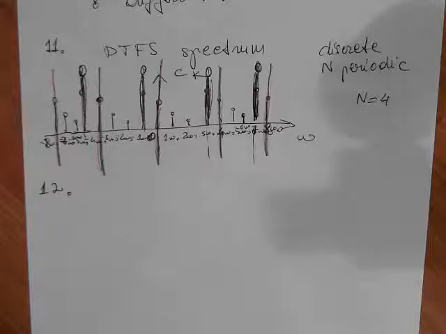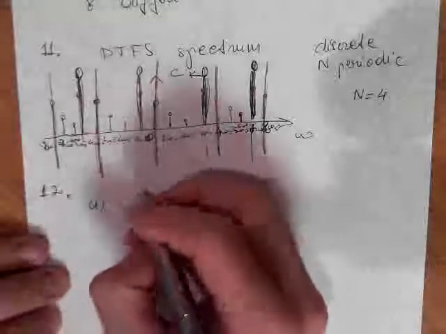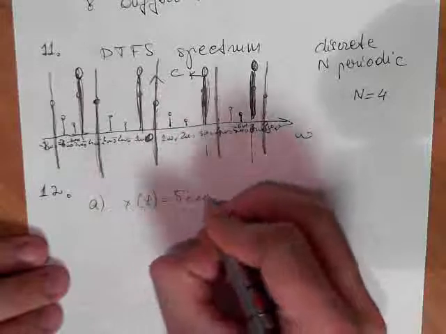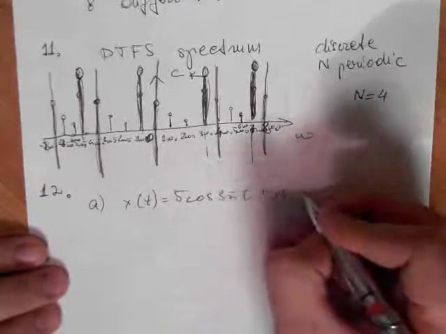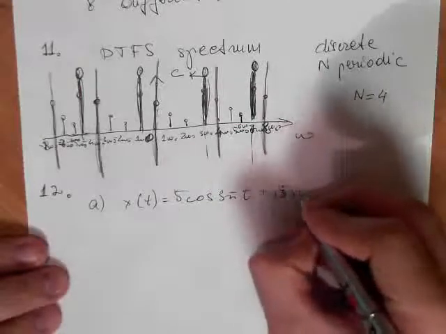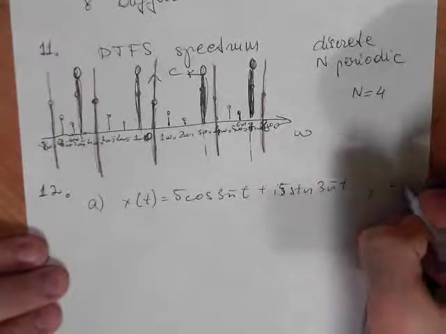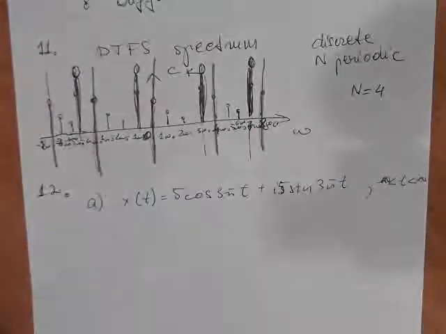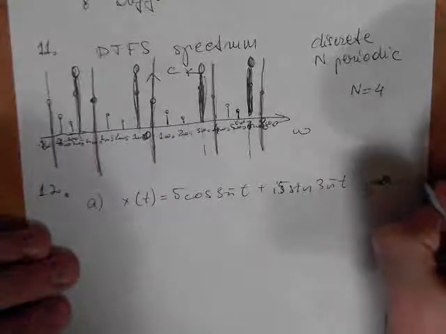Question 12: what series do I use to expand the signal? The signal is x(t) = 5 cos 3 pi t plus 5 sine 3 pi t. It is given that it is t dependent, from minus infinity to plus infinity.